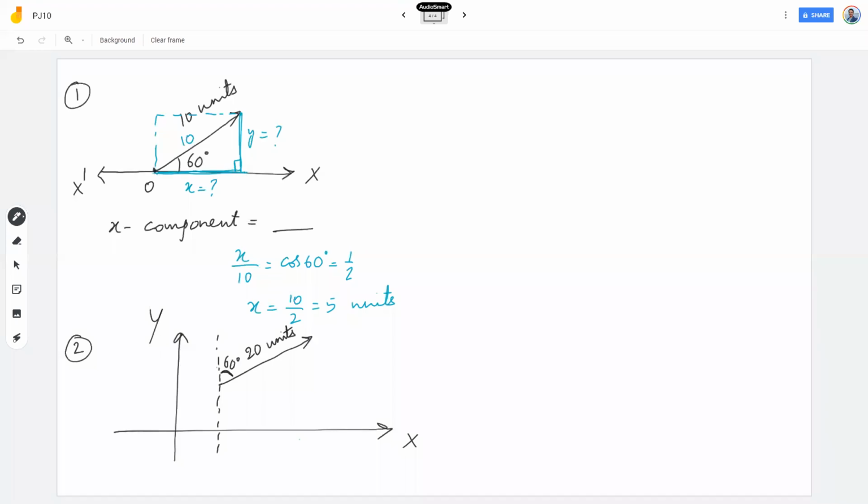Then its x component is equal to dash, its y component is equal to dash. Both you have to tell me. Tell the answer as dash comma dash, x component comma y component, like that.